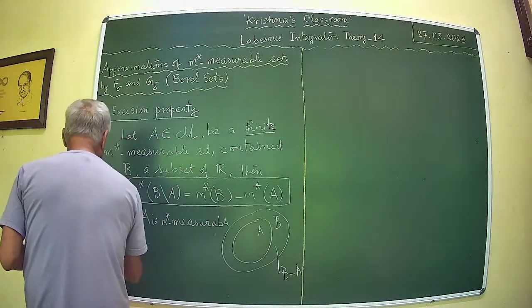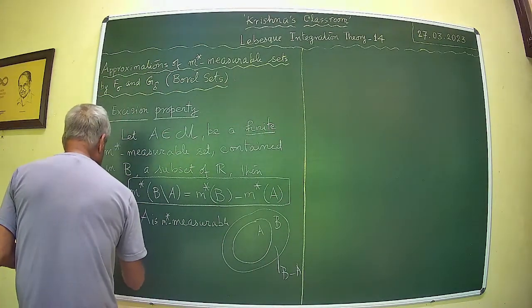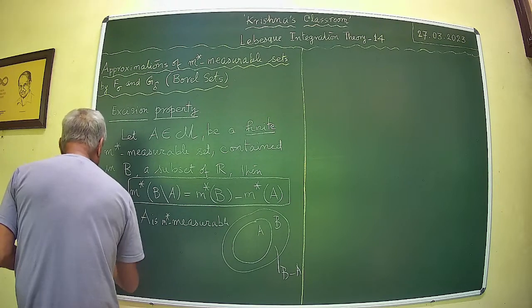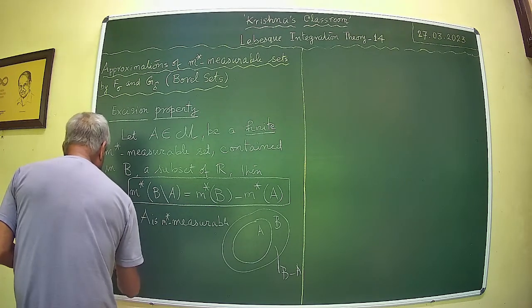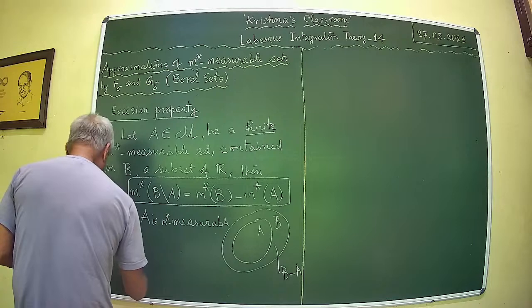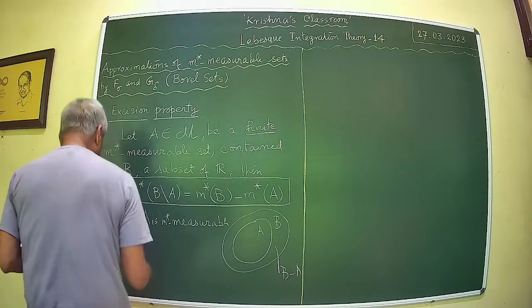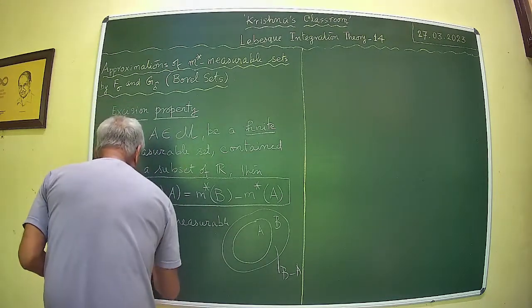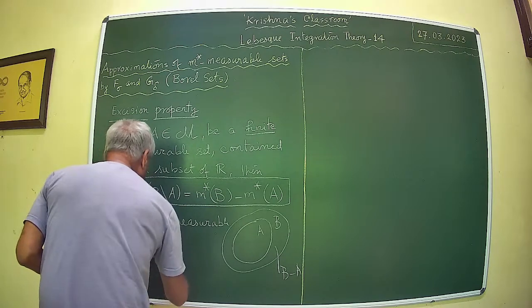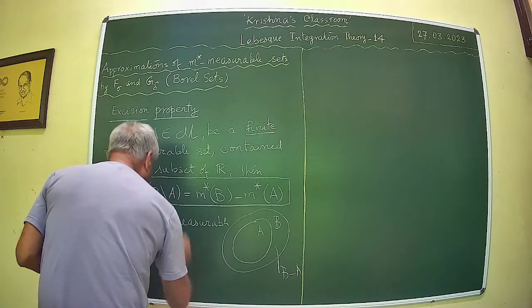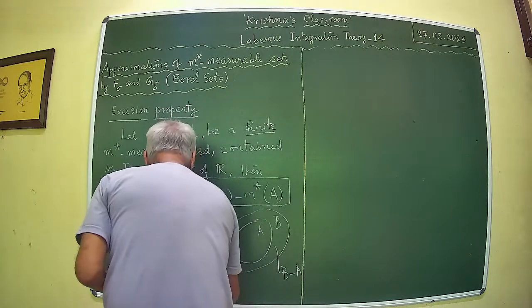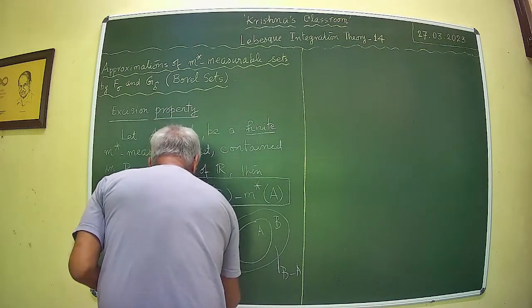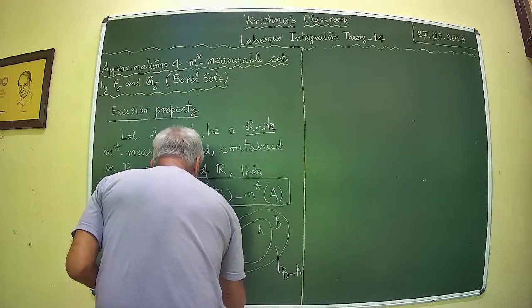We have M star of B equal to M star of B intersection A plus M star of B intersection A complement.